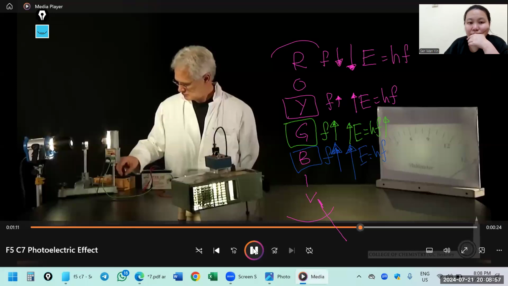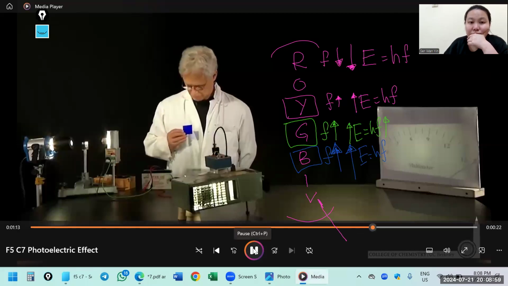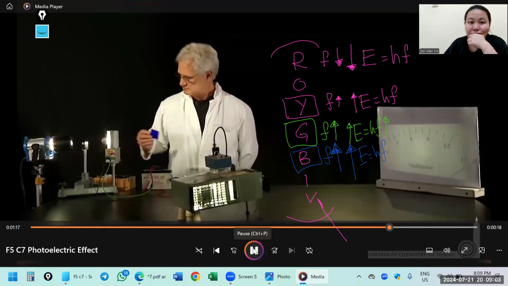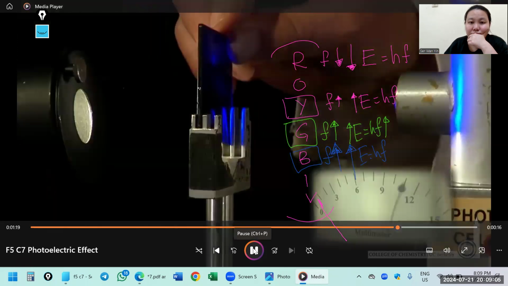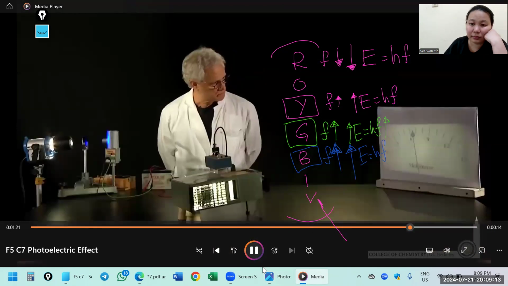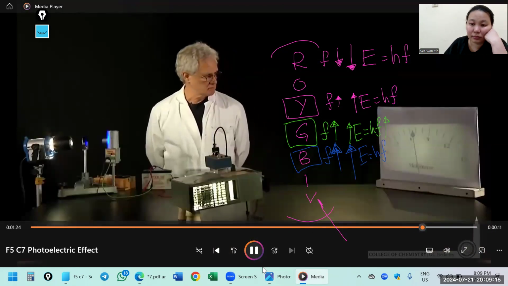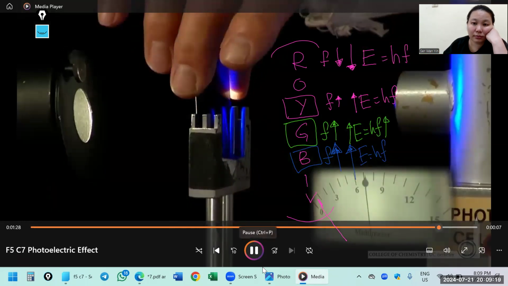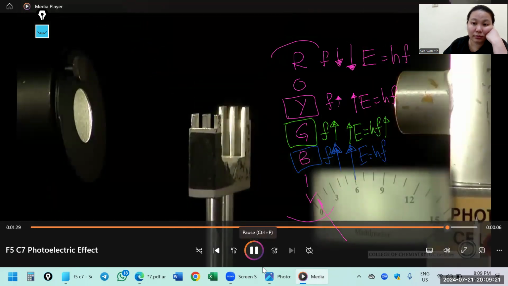Photons in the blue region are the highest energy visible photons, and Lonnie has a blue filter that will pass only blue photons. Putting the blue filter in, ta-da! 6, 7, just now 3, now 7. The path shows photoelectrons emitted at the highest energy. So here's an example of the photoelectric effect.